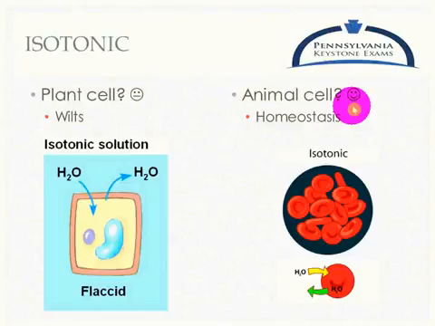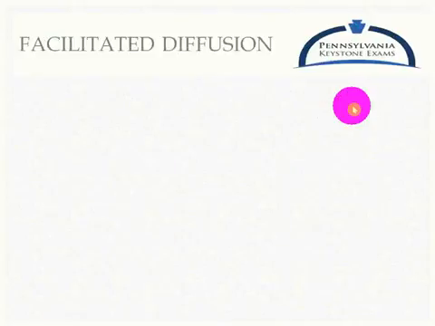If I were to inject you with pure water, that would be lethal to you because your cells would burst open. So we want that kind of in-between, isotonic, same solute, same water, inside-outside cell. So those take care of osmosis, which again was just looking at the diffusion of water across the cell membrane.